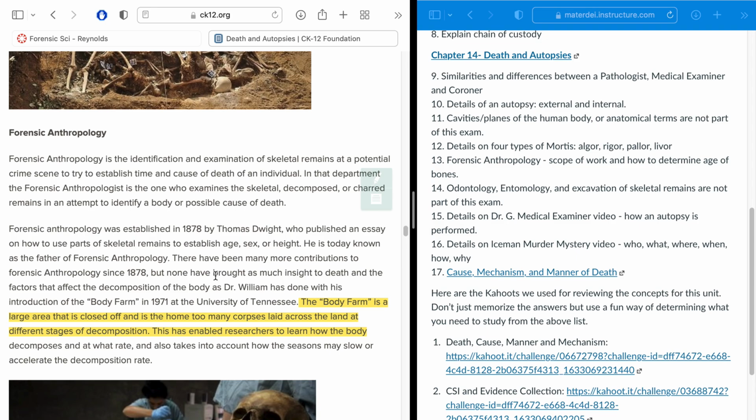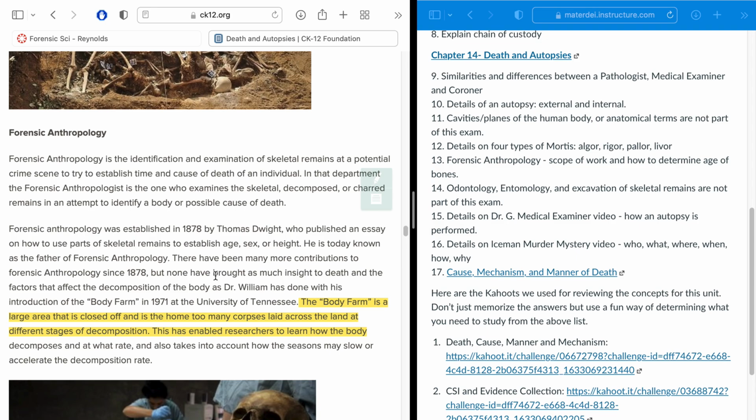So he got something like 50 acres. People donate their bodies to science all the time to be cadavers for medical students so that they can practice on dead bodies. But some people are going to donate their body to science to the body farm, where they study the decomposition of people out in nature in various scenarios.